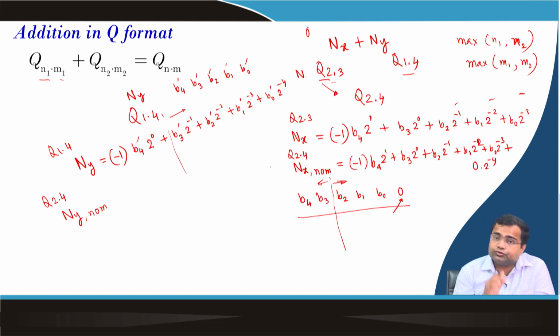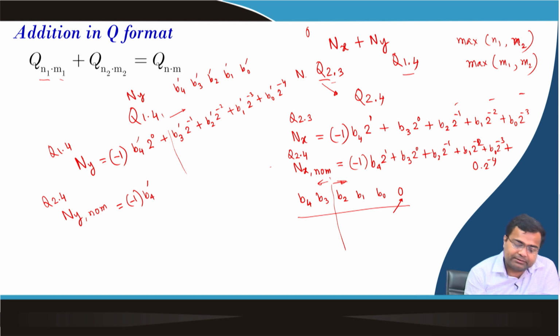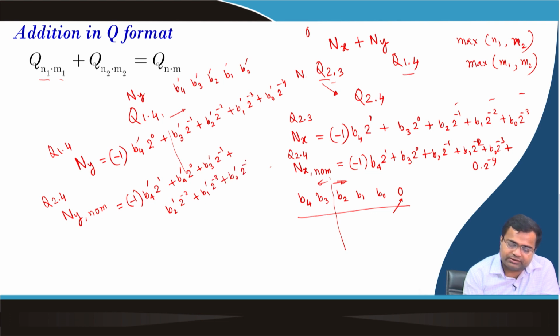How do you do it? It is simply sign extension, that means again it is a signed number -1, I will simply extend that bit by 2 to the power 1 and rest of the bits I will keep, that means B4 dash 2 to the power 0, then B3 dash 2 to the power -1 plus B2 dash 2 to the power -2 plus B1 dash 2 to the power -3 plus B0 dash 2 to the power -4.